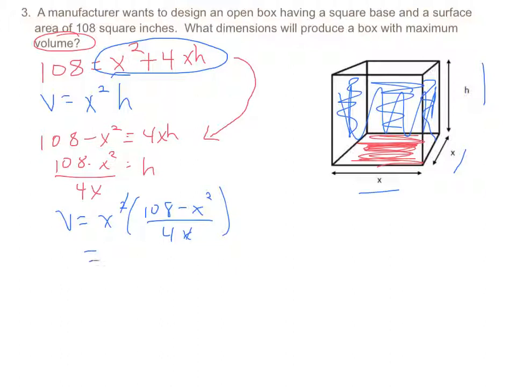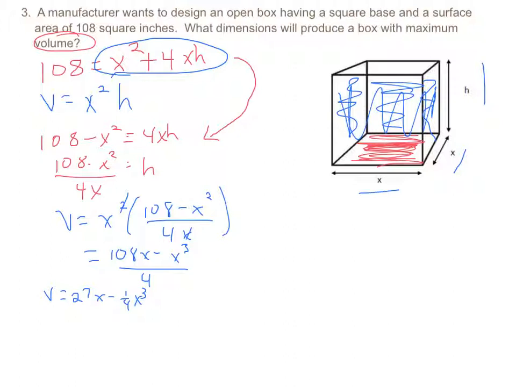And so we'd end up with 108x, I'm distributing this leftover x, minus x cubed over 4. And just for simplicity's sake, to make that not be a fraction, I'm going to go ahead and do the division here, and we'll end up with 27x minus 1/4 x cubed. And that's a little bit easier derivative to take than when it's a fraction.